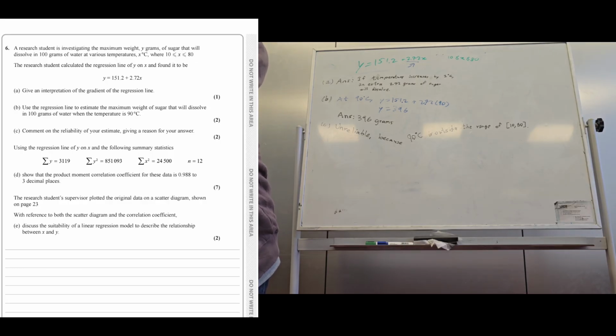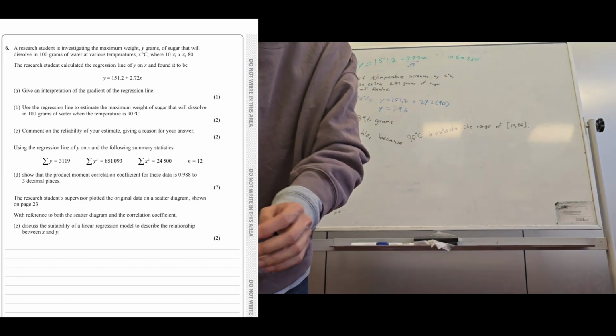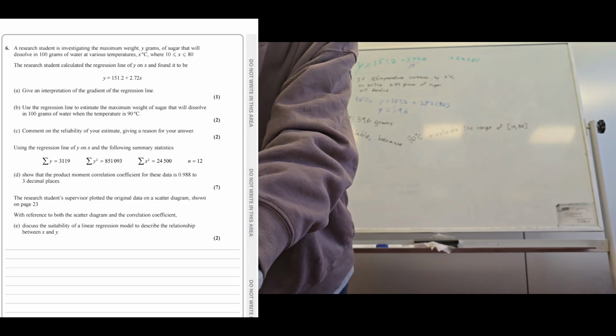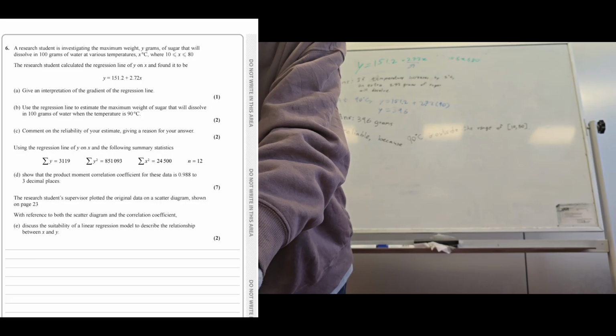Using the regression line of y on x and the following summary statistics, show that the product moment correlation coefficient, the PMCC, of this data is equal to 0.988 to 3 decimal places, which is part 3.